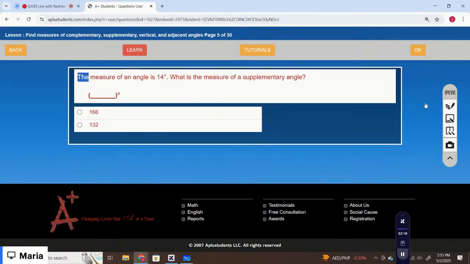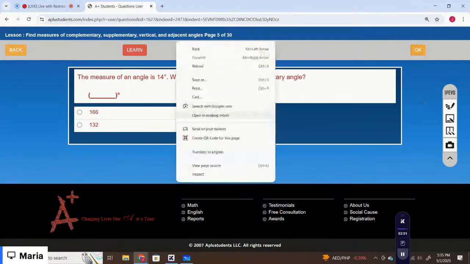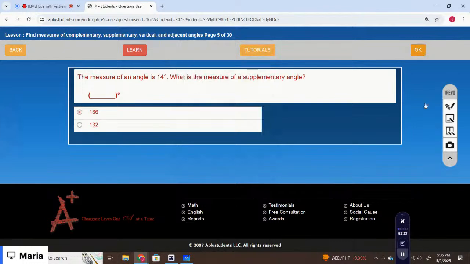That is 166 degrees. Option number one is the correct option.